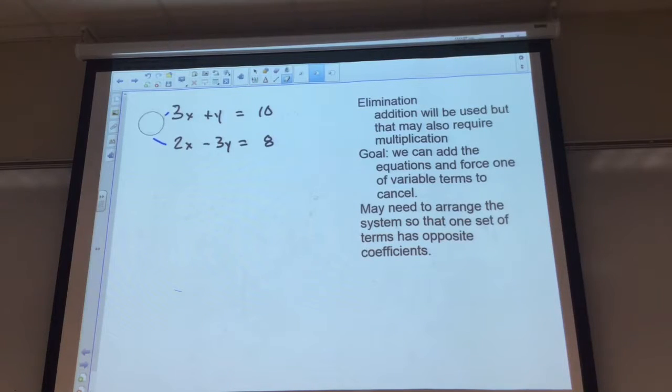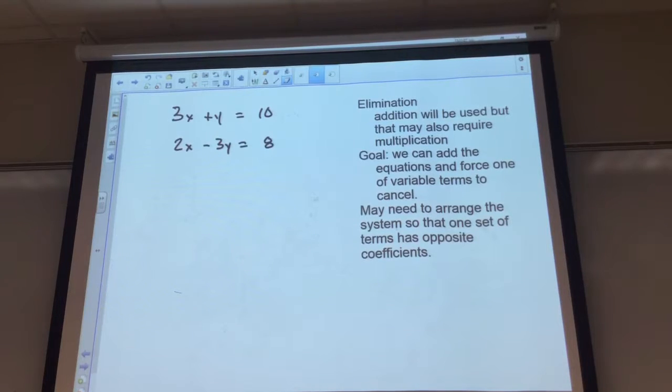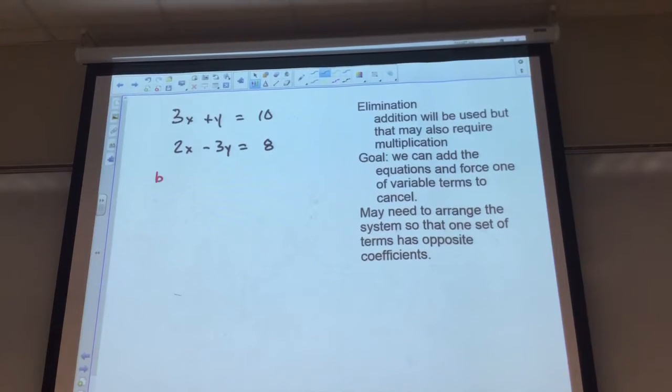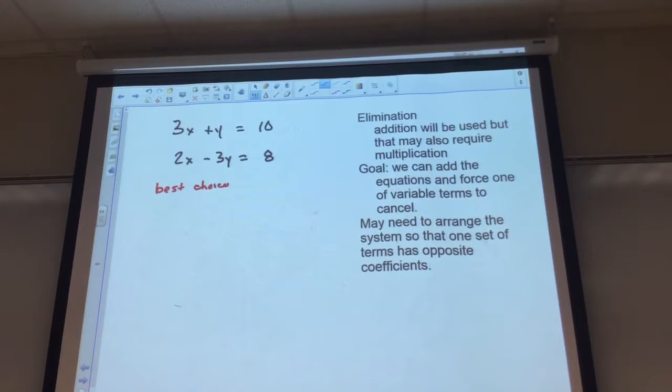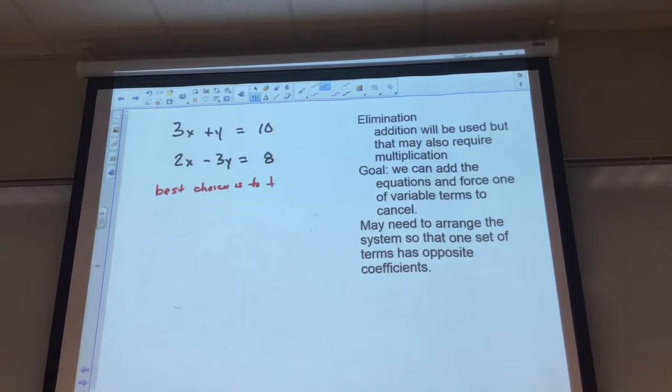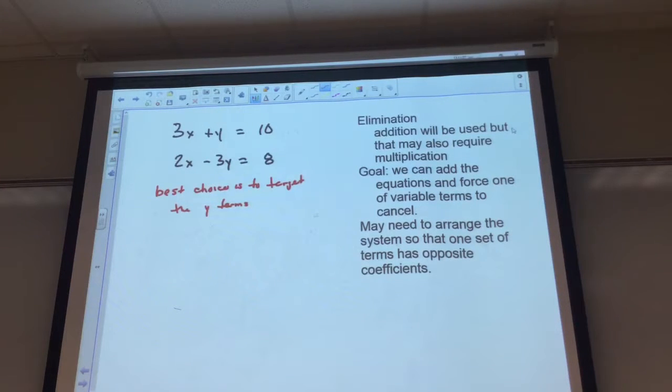That may be possible, it may be necessary, but if we can get by with only multiplying one equation by something, that would be easier. In this case, the best idea here is to target the y terms, because I'm only going to have to multiply one equation instead of having to multiply both equations.